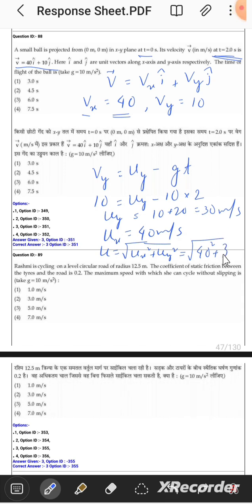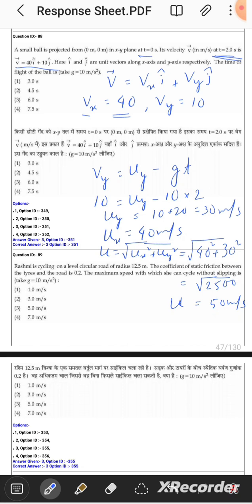Forty square plus 30 square, and we are getting root over of 2500, which is 50 meter per second. So we have got the initial velocity at which the projectile has been thrown.